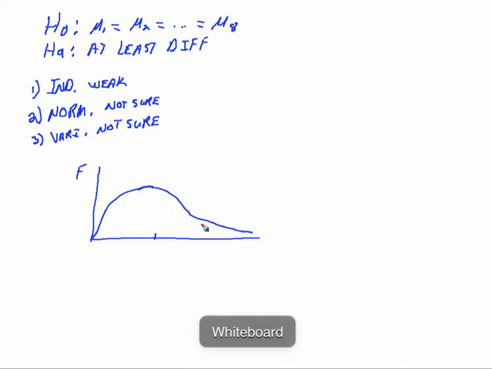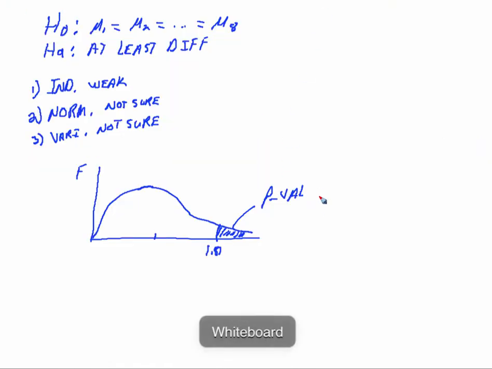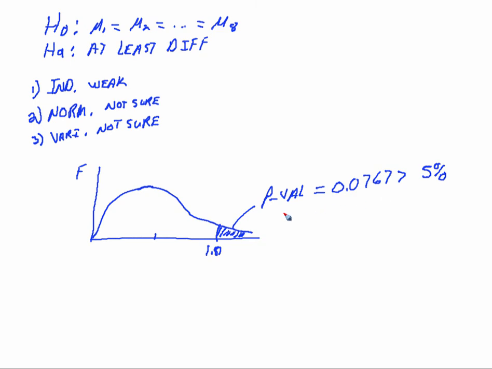So 1.87 is right about in that neck of the woods, and this corresponding shaded region right here is going to be our p-value. Notice that the p-value turned out to be 0.0767, which is greater than 5%. So we would end up failing to reject the null hypothesis.